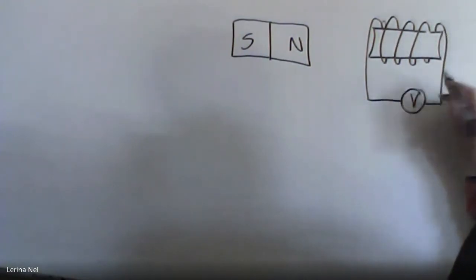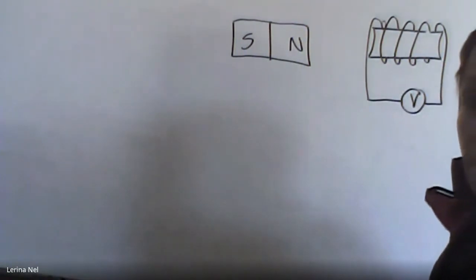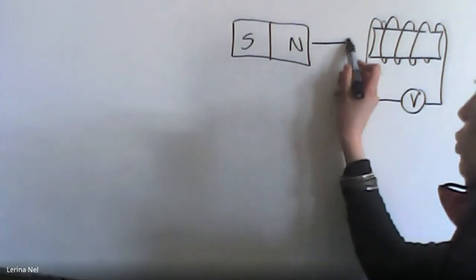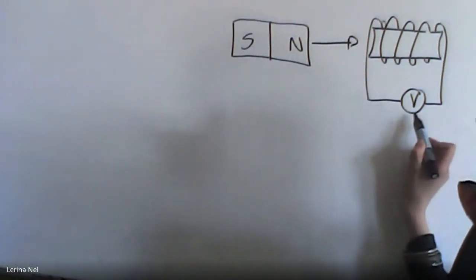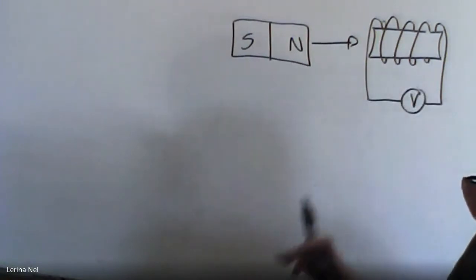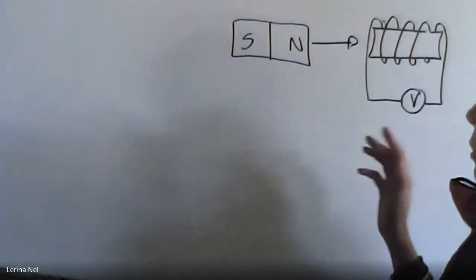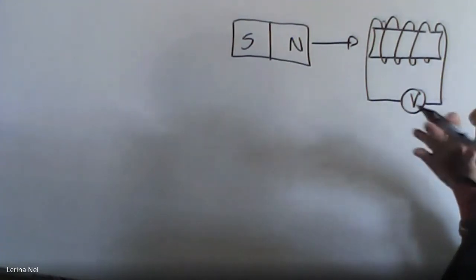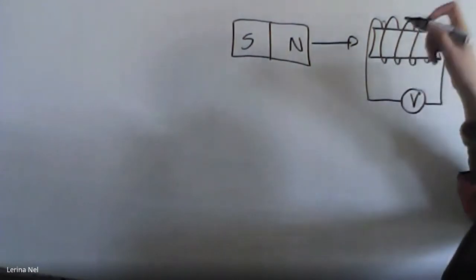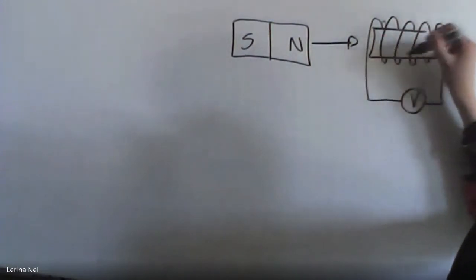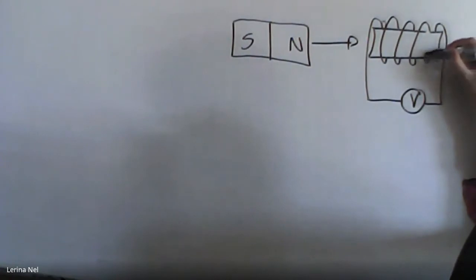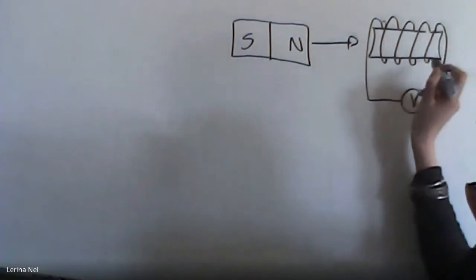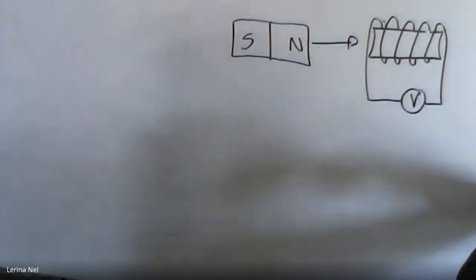There's a voltmeter connected, or galvanometer, it doesn't matter. When this magnet moves towards it, it generates voltage, which means there's current flowing. That current is going to form a north and south pole for this piece of metal on the inside of my solenoid. It's not magnetized, but because current is flowing, it will become magnetized.